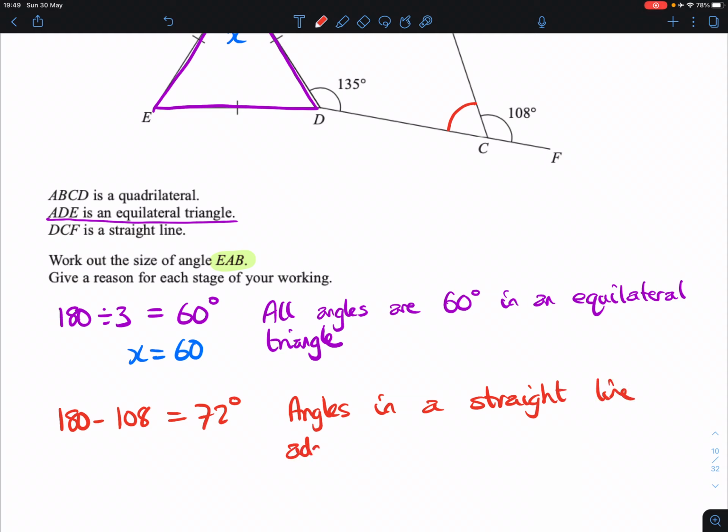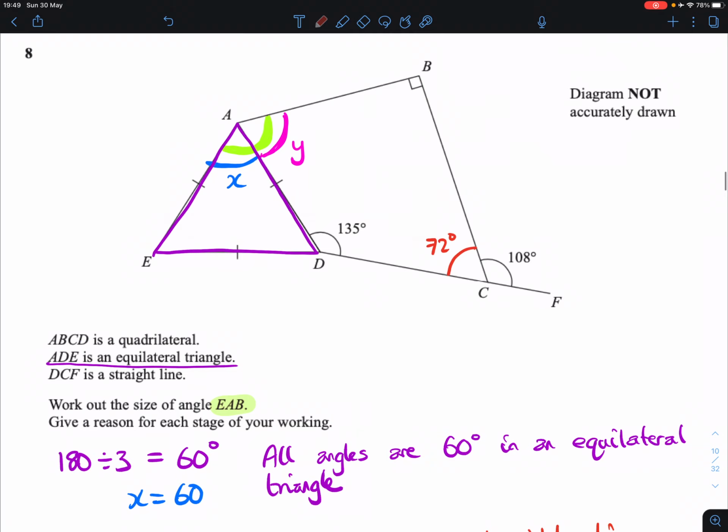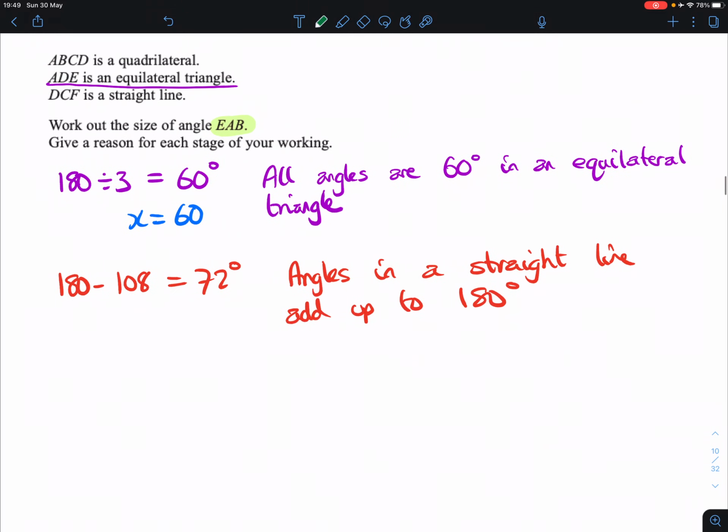After that, we're going to look in the quadrilateral. So we have 72 here. We have the 90 up here. We have the 135 there. So if we add all these together, 135 plus 90 plus 72, we end up with 297 degrees.